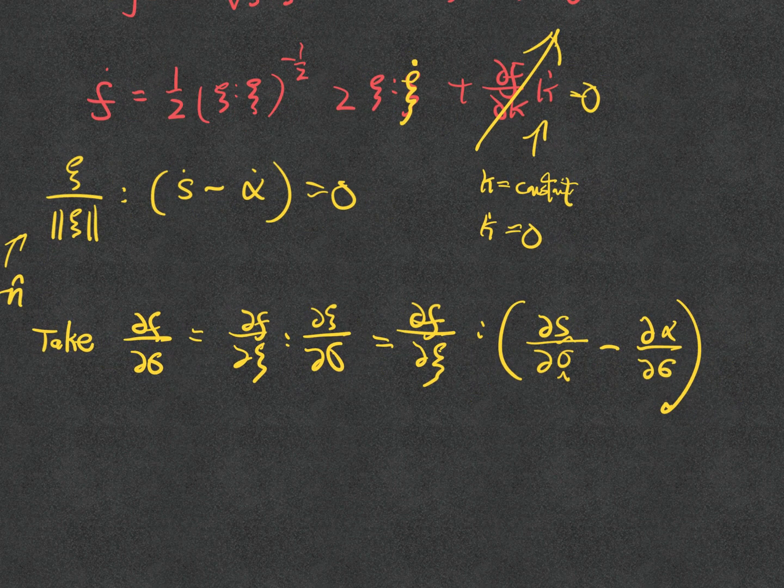Okay, this term is 0 because the back stress is not a function of the Cauchy stress. They're independent. So this part is automatically taken out.